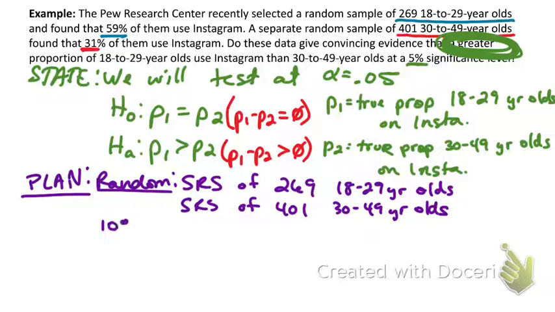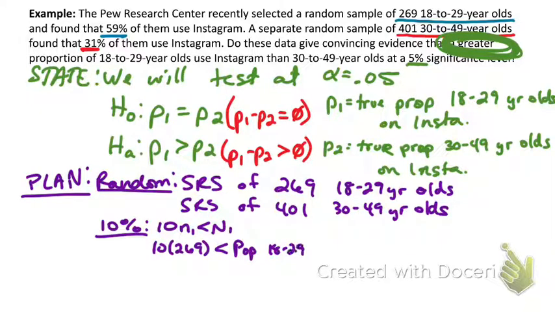10%. We need to make sure 10 times our first sample is less than the population of the first. So 10 times 269. Do you think that is less than the population of 18 to 29-year-olds? Probably.